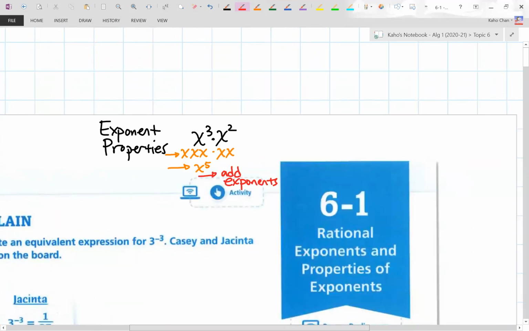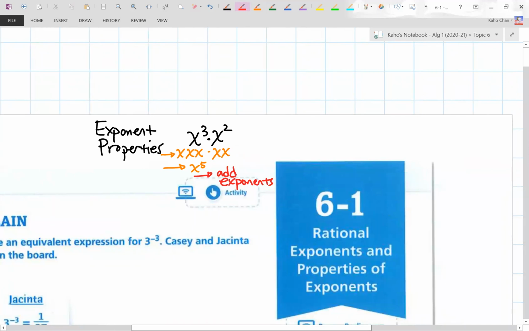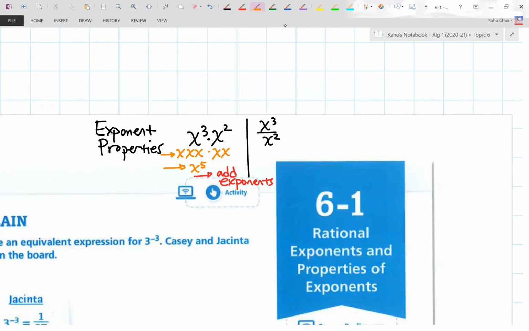X to the third times x squared. Then you probably went on and did a problem like this. X to the third divided by x squared. Oh, we're dividing here. This literally means x times x times x in the numerator divided by x times x in the denominator.